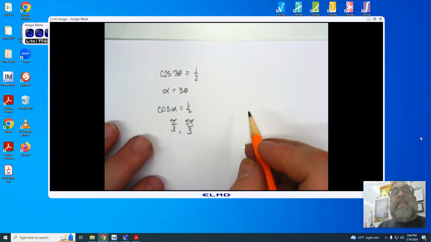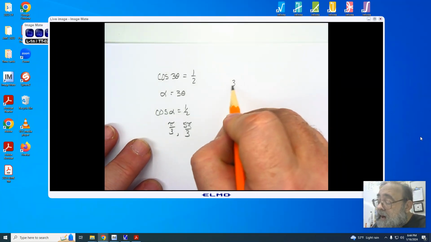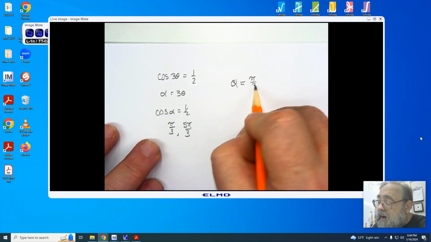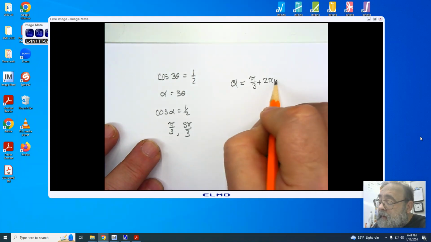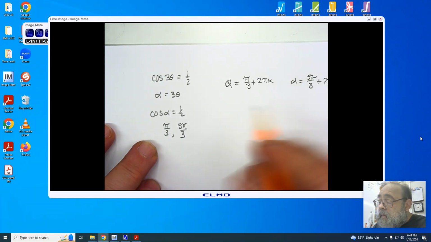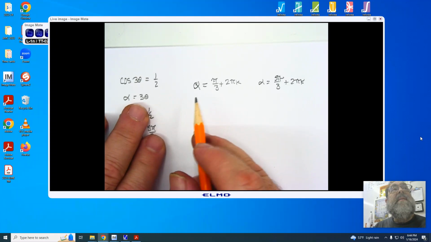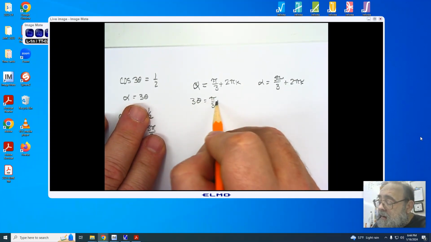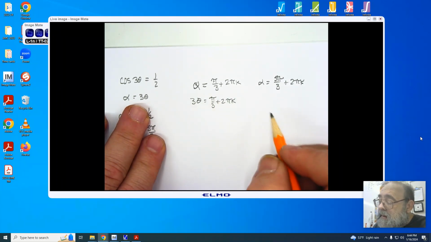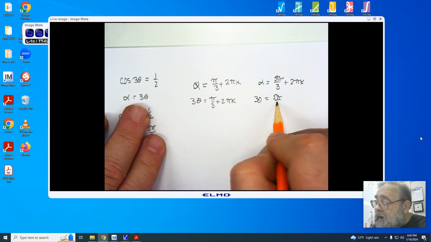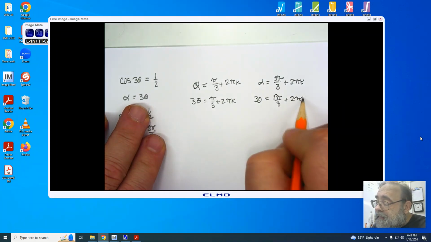So we're now going to set it up, let's just take it one step at a time, alpha equals pi over 3 plus 2 pi k, and alpha equals 5 pi over 3 plus 2 pi k. We're now going to replace alpha with our 3 theta, so that 3 theta equals pi over 3 plus 2 pi k, and 3 theta is equal to 5 pi over 3 plus 2 pi k.